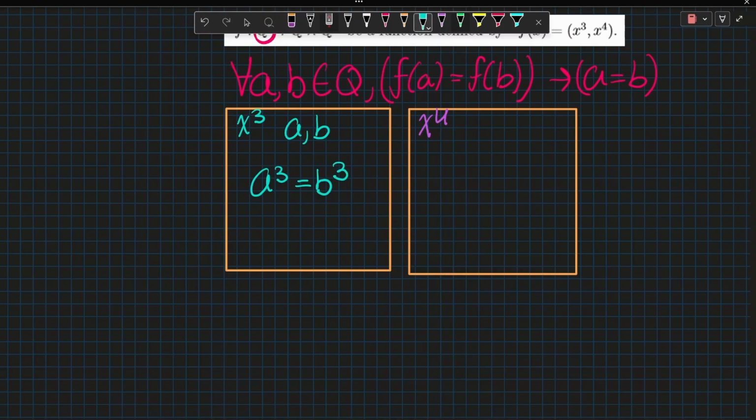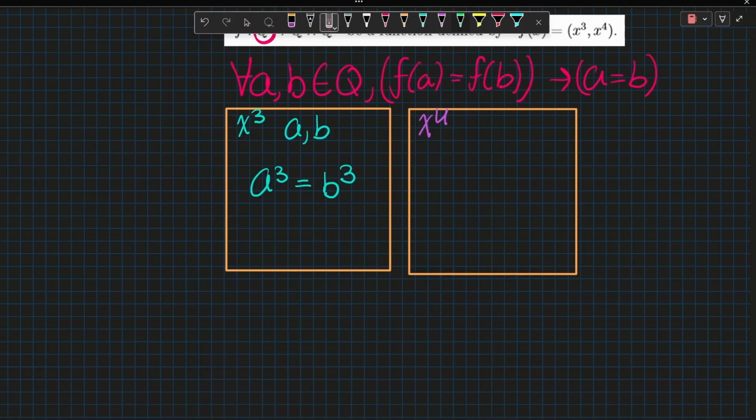Now recall that for powers that are odd, the sign remains, which means that if a is positive, then a cubed will be positive, and if a is negative, then a cubed will stay negative. The same follows for b.